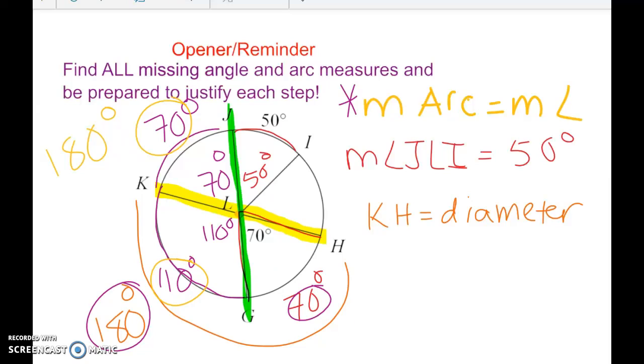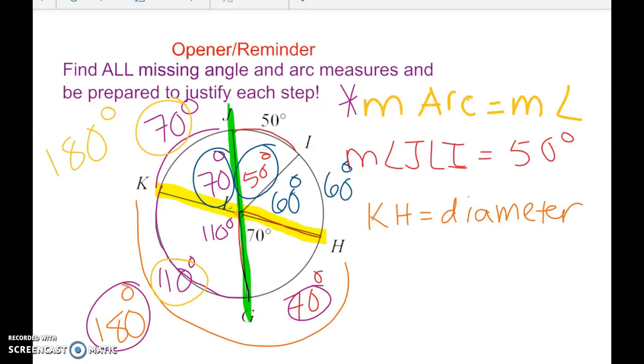Now all we have to do, KH is also a diameter again, so whatever's on this other side here, let's look, I have 70 and I have 50. What does this missing portion have to be in order to make the whole arc add up to 180 degrees? It has to be 60 degrees. So that means the arc is also 60 degrees.